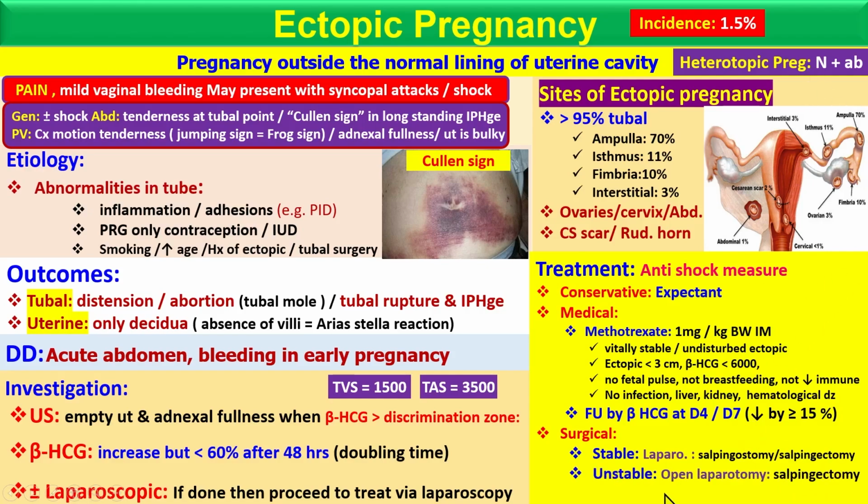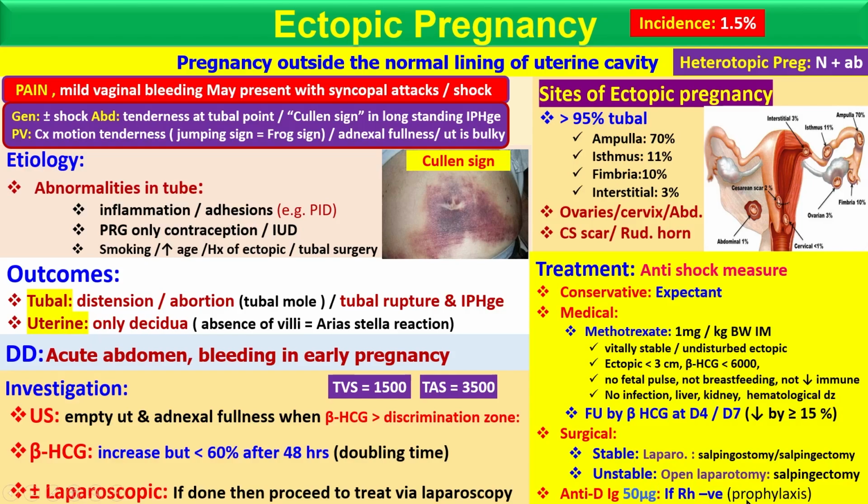If the patient is unstable, then you simply go with open laparotomy. Also give anti-D immunoglobulin 50 microgram if the patient is Rh negative.